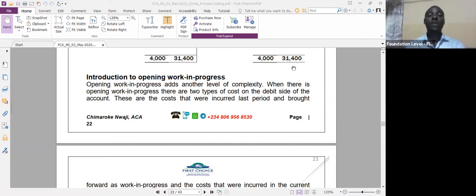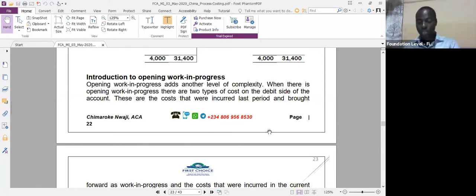Now, when there is opening work in progress, there are two types of costs on the debit side of the account. These are the costs that we incurred in the last period, because the closing stock for this period becomes the opening stock for the next period. And so when it is an opening stock for a period, it means that your cost from last period was brought forward.